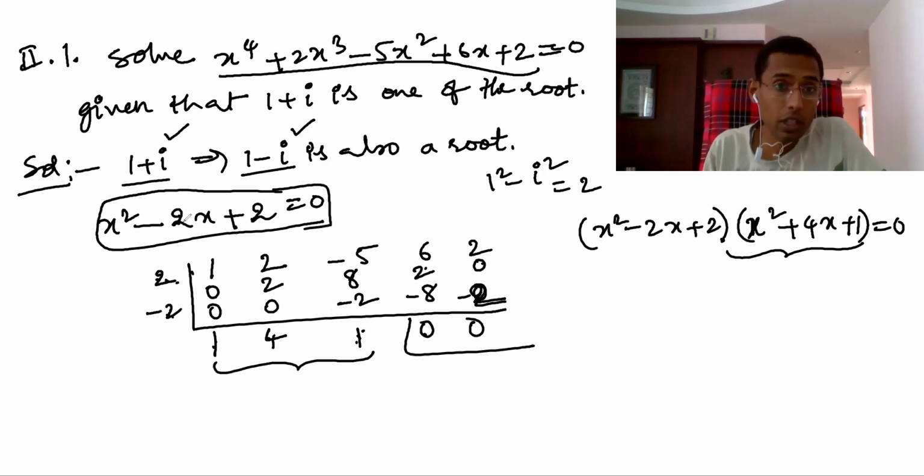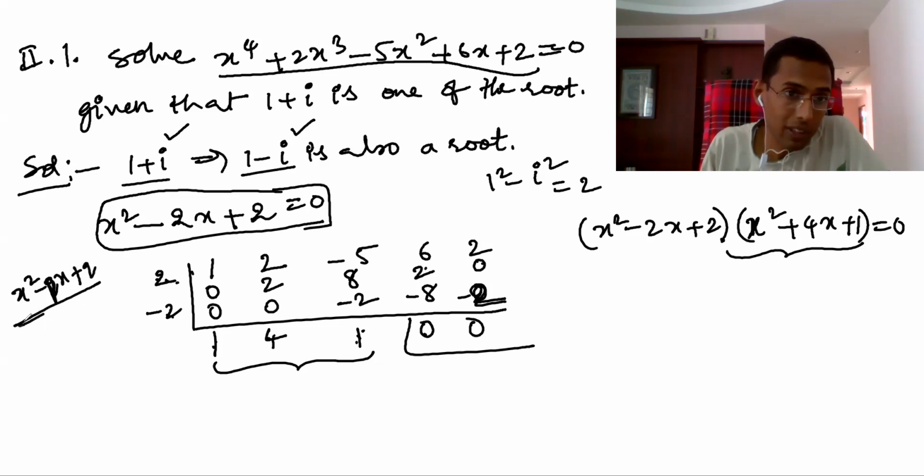If you divide with x square minus px plus q, you write p here, and if it is minus q, you write plus q here. So 2 and minus 2 you wrote here. Then we put 0, 0 in the first line and second line, and keep the process going.